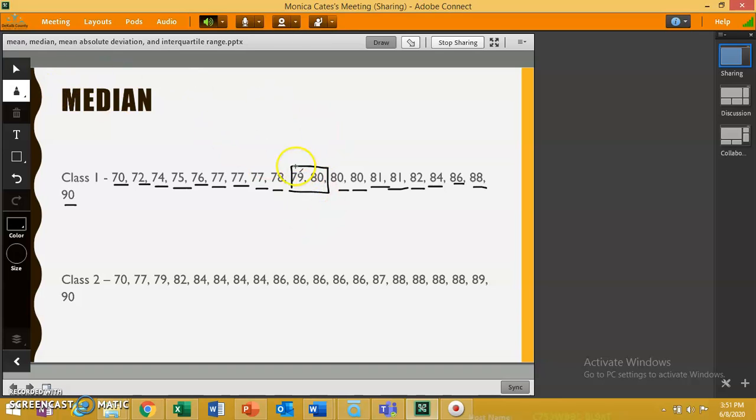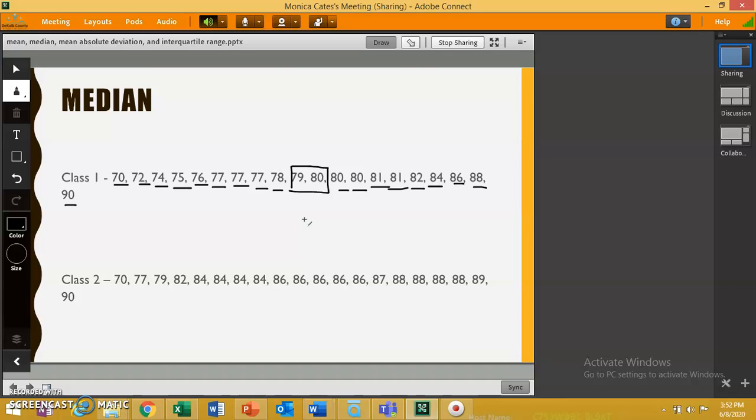Whenever you have 2 values in the middle, you take these 2 values, add them up, and divide by 2. Not every single time, though. If I have an odd data set, then I will have one number in the middle, and that will be my median. But because I have two numbers in the middle, I am going to add those two numbers up.